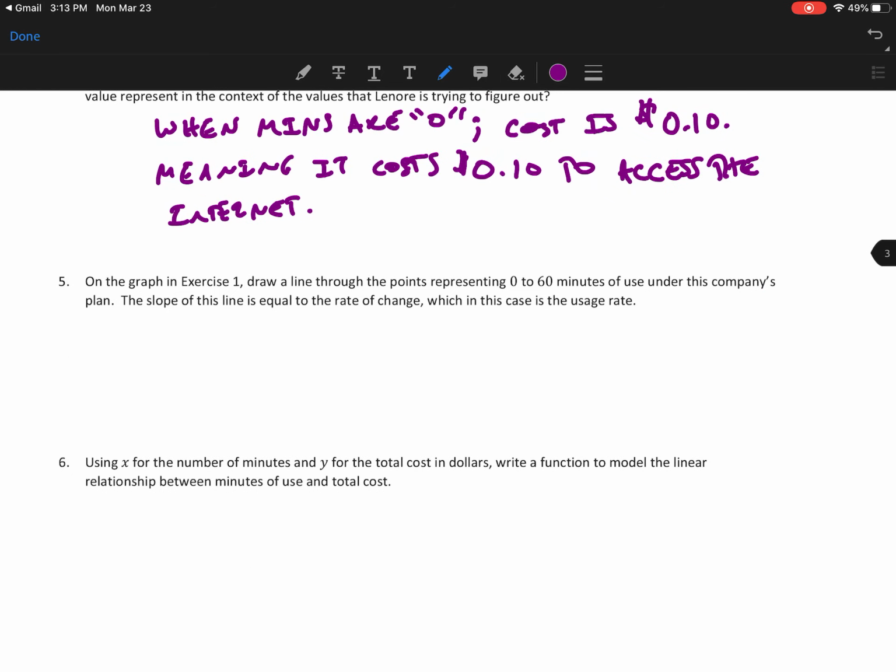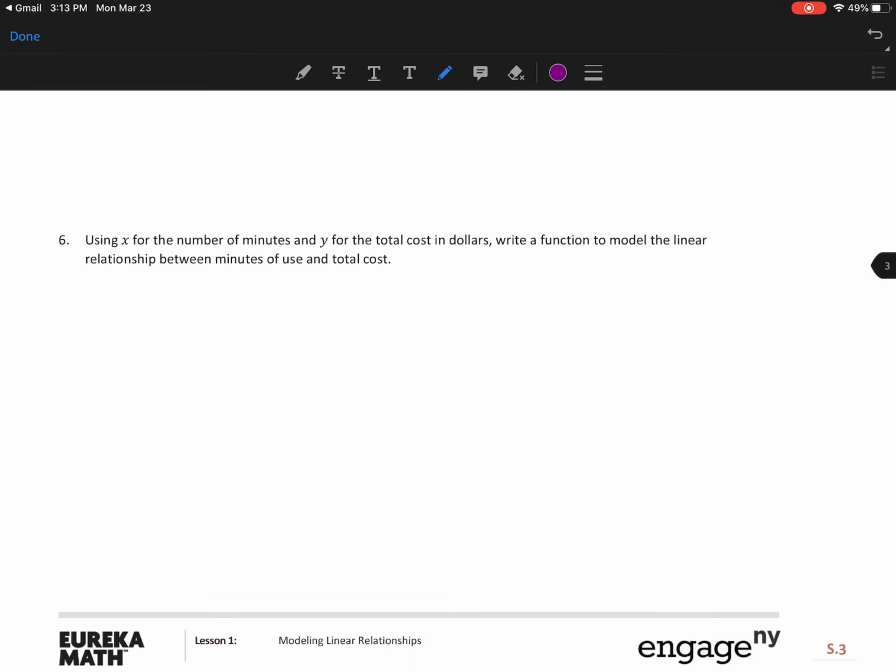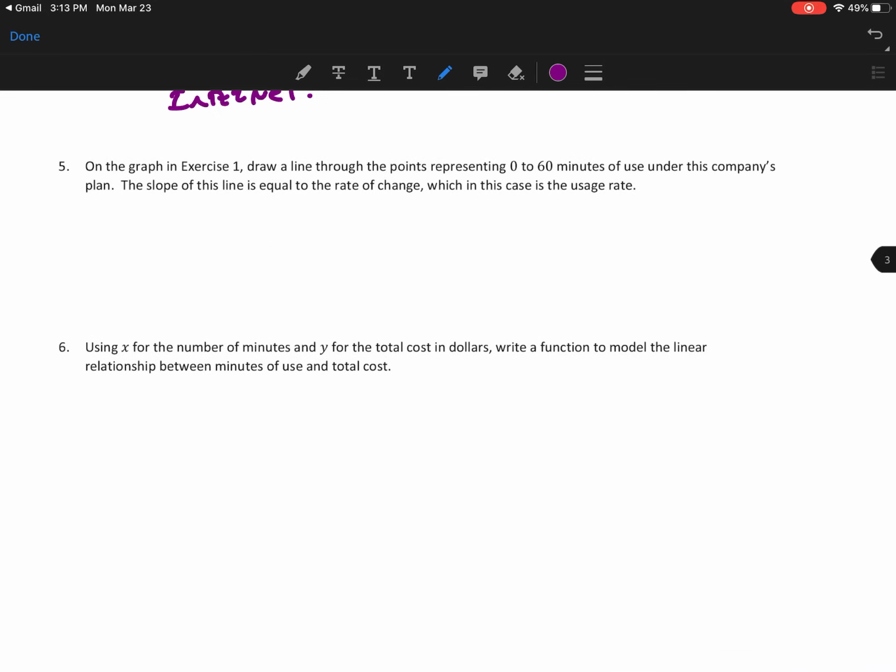In part 6, using x for the number of minutes and y for the total cost in dollars, write a function to model the linear relationship between minutes of use and total cost. And we can simply do what?